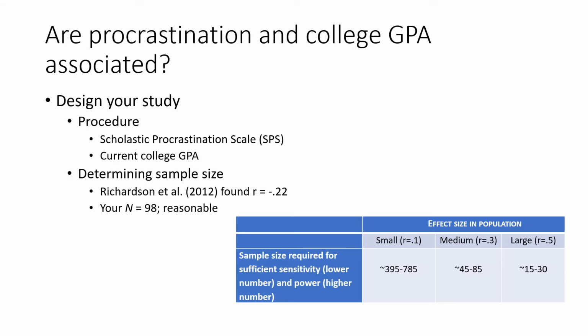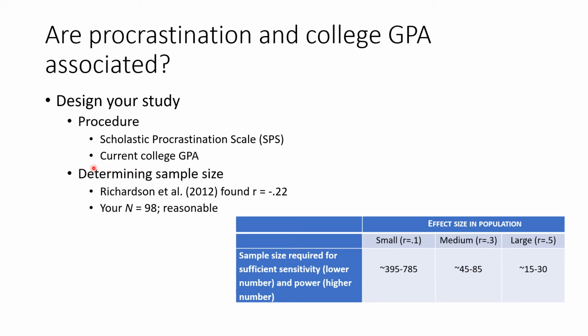Now the example we're going to use to illustrate correlation is the question, are procrastination and college GPA associated? So these are the 2 variables we're dealing with, and we want to know if one person has a high procrastination score, do they also tend to have a high GPA, a low GPA, or is there no association between the 2 variables?